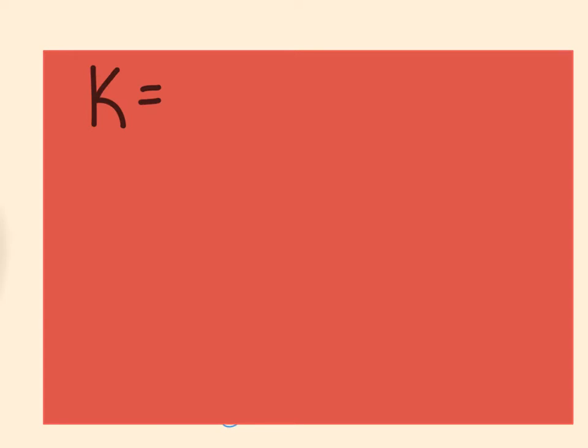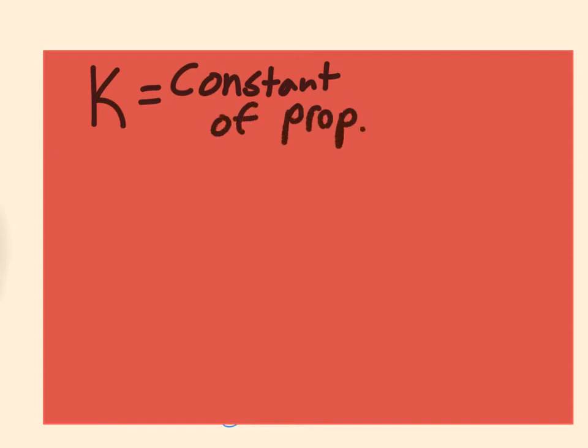And here's what's weird about K. It does not stand for anything that starts with a K. Instead, it represents the constant of proportionality. But it's not spelled with a K. The constant of proportionality.